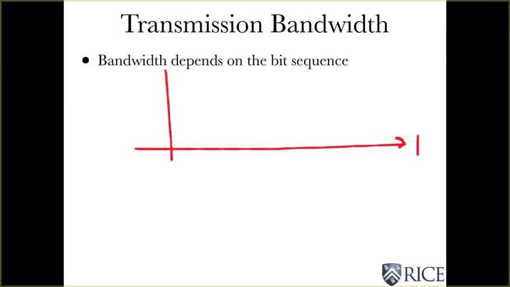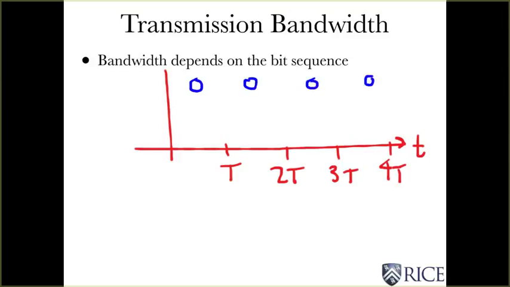Suppose this is time, and here are my bit intervals. Let's suppose the bit sequence I'm trying to represent is 0, 0, 0, 0. The signal that represents that for our BPSK baseband signal set is a constant.